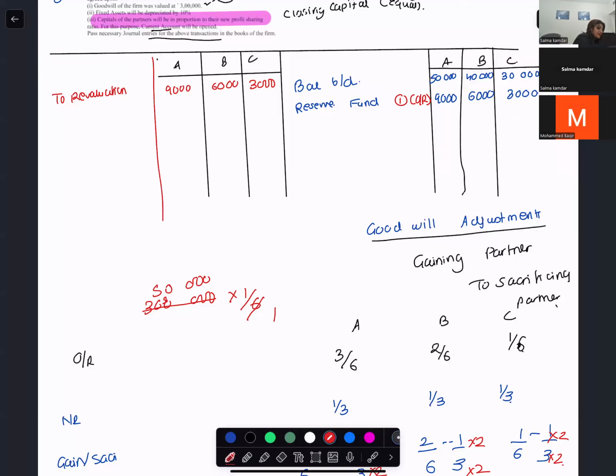So the adjusted closing capital has to be in the new ratio, and this information is already given to us. So the closing capital is 160,000. It will be divided amongst how many people? 3 people. So it will become how much? 1/3.